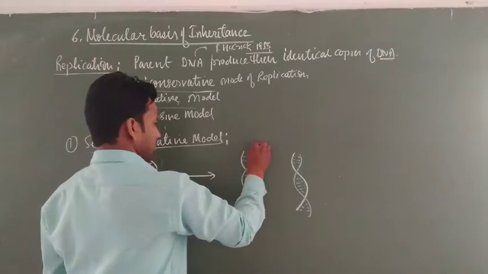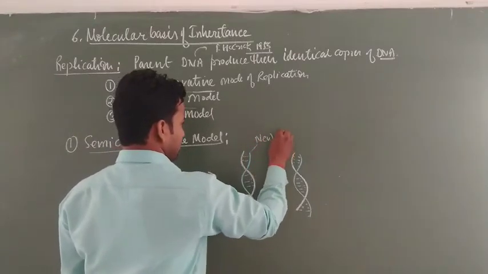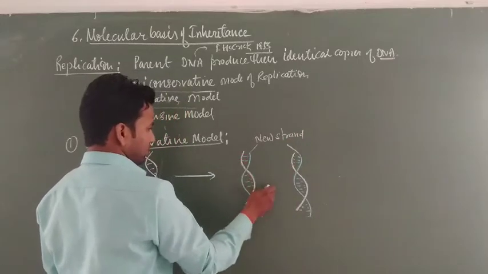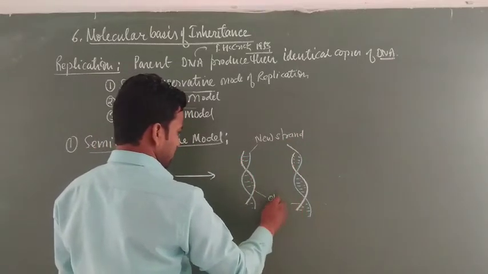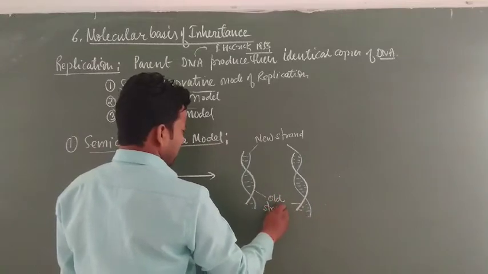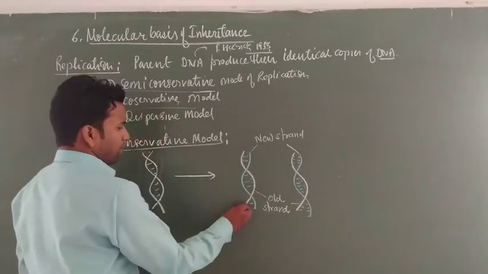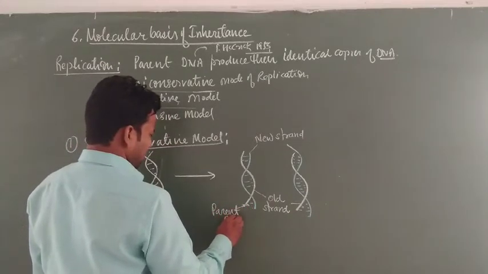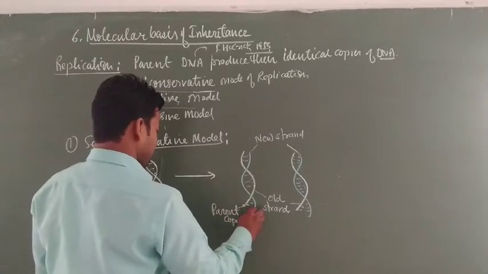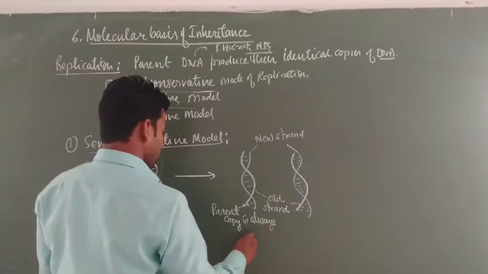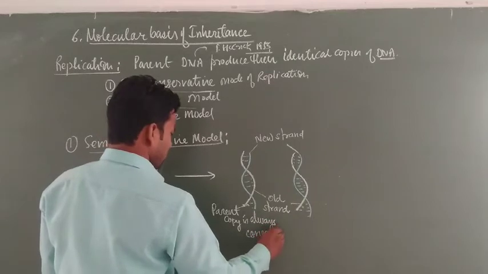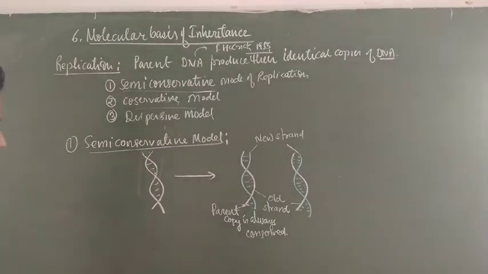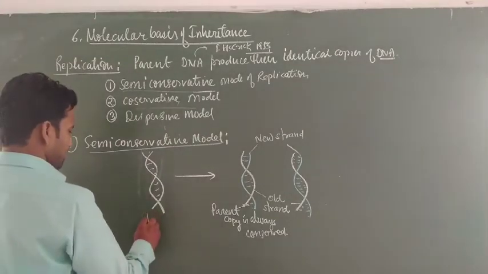So this one is the new strand and this one is the old strand. In this mode of replication, this is a parent copy. Parent copy is always conserved, so here the parent copy is always conserved.